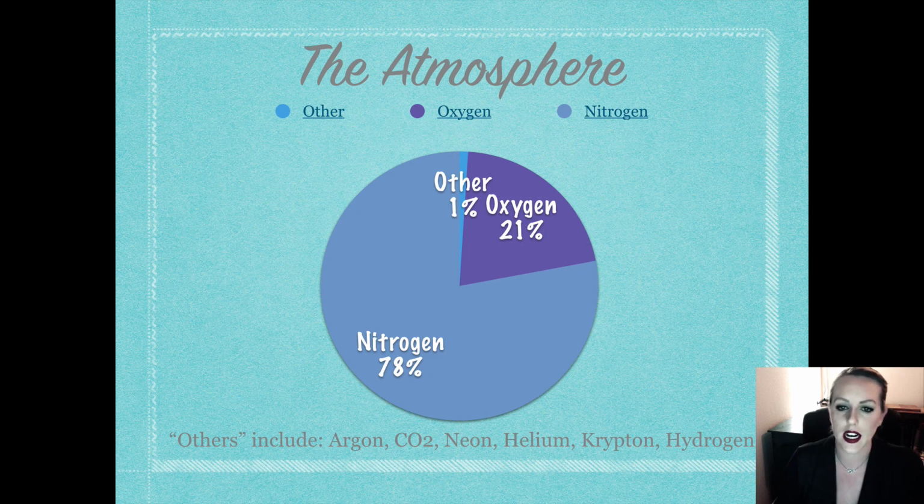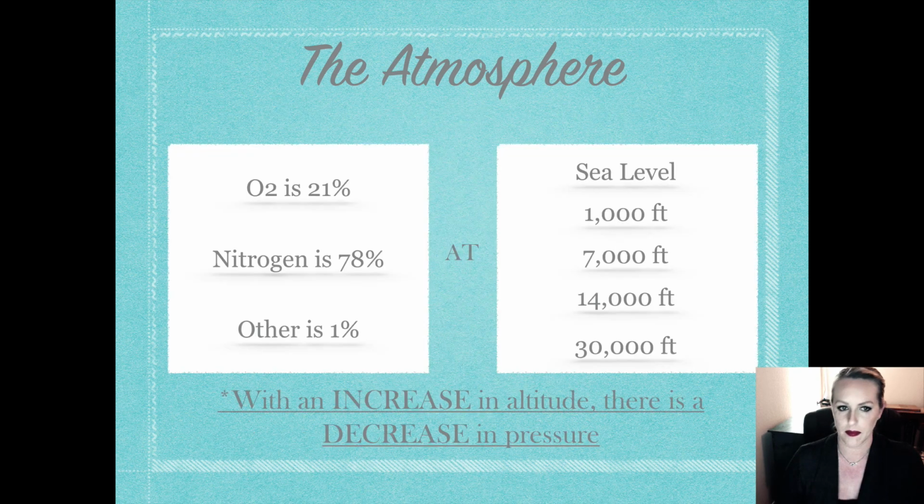So you can see here, the atmosphere is made up of 21% oxygen, 78% nitrogen, and 1% floating other stuff: argon, CO2, neon, helium, and all that stuff. This is in the air that we breathe every single day.